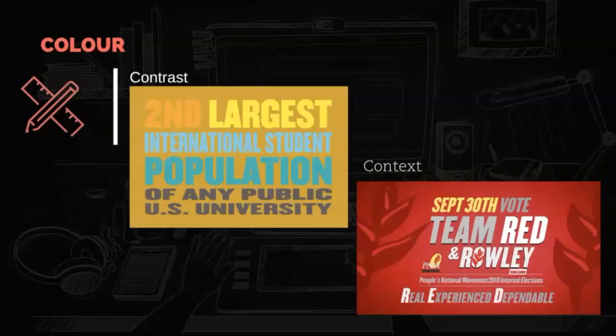I found this example here underneath the contrast, the picture, of poor contrast. As you can see, the first word is not particularly high contrast, as well as the second. So this is just to give you an idea when we talk about contrast, aside from the plain black and white, what we're referring to.